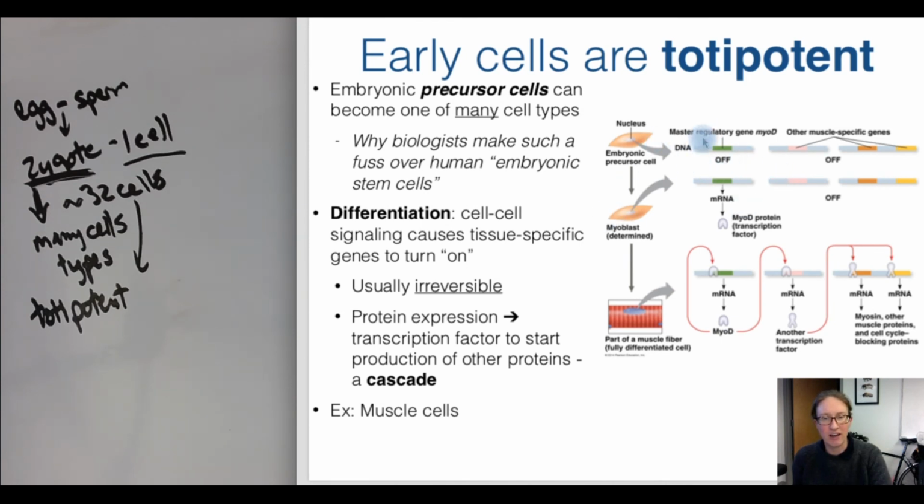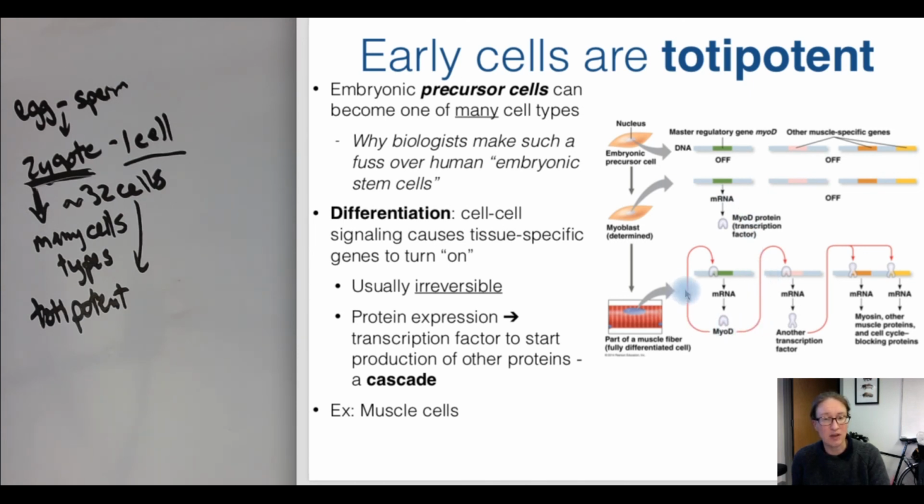And so early on in the precursor cell, the cell that's eventually going to become a muscle cell, there might be some kind of master regulatory gene. So here's a gene called MyoD that gets turned on. So the cell learns, okay, surrounding cells are going to become bone and skin, so I guess I'm going to be muscle. So this gets turned on, that transcription factor starts to be produced, and that can do a couple of different things.